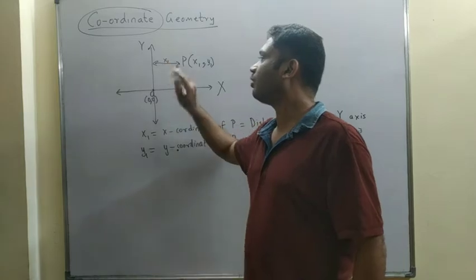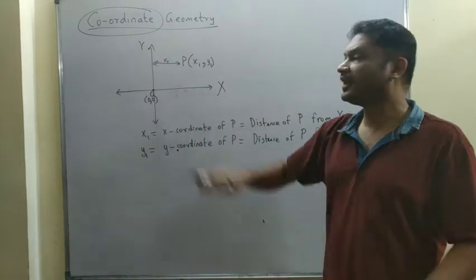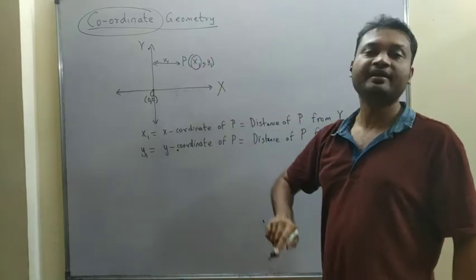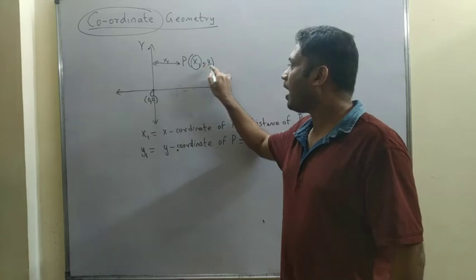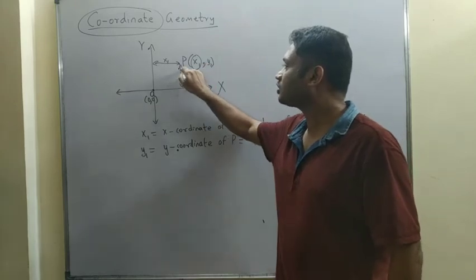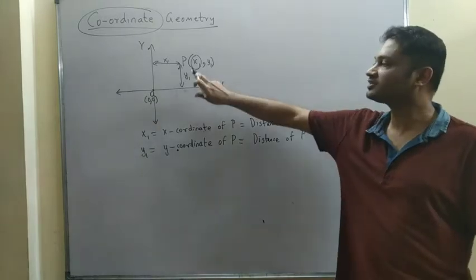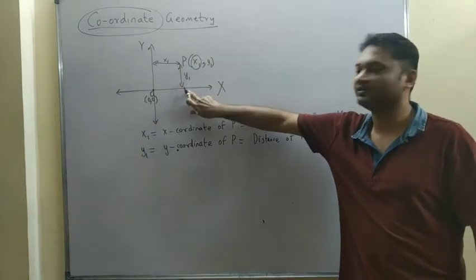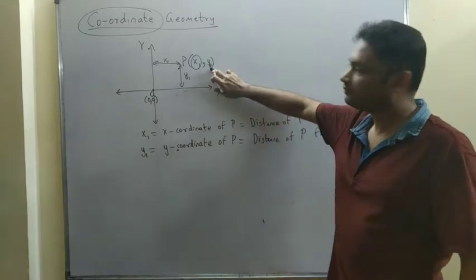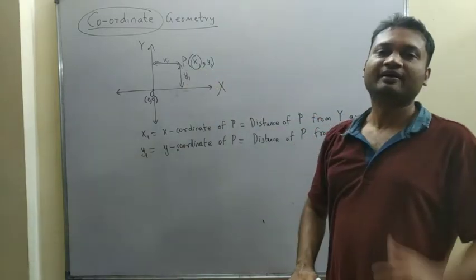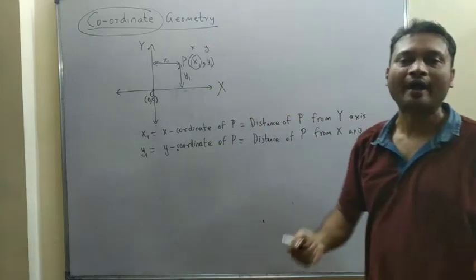So the distance of point P from the y-axis is x1, which is the x-coordinate of point P, which we generally write first. Then we have y1, which is the distance of the point from the x-axis. So y1 is the distance of point P from the x-axis, which we write after the x-coordinate. So for any point P, we first have the x-coordinate, then we write its y-coordinate.